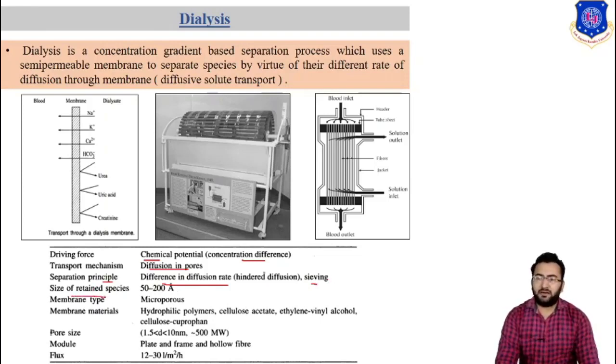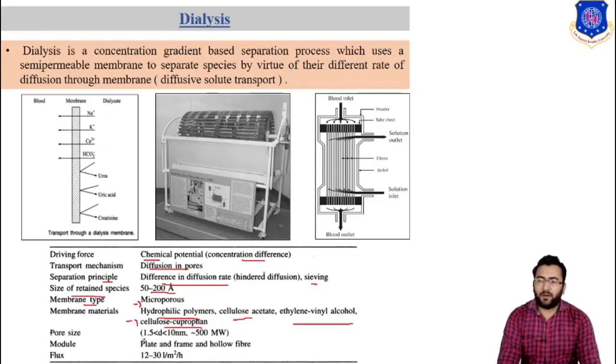Size of retained species is 50 to 200 angstrom, and the membrane type used in this process is microporous. Various types of membrane material are used for dialysis, such as hydrophilic polymer, cellulose acetate, ethyl vinyl chloride, and cellulose carbonate. The pore size of membrane in dialysis is from 1.5 to 10 nanometer, or we can say 500 molecular weight.